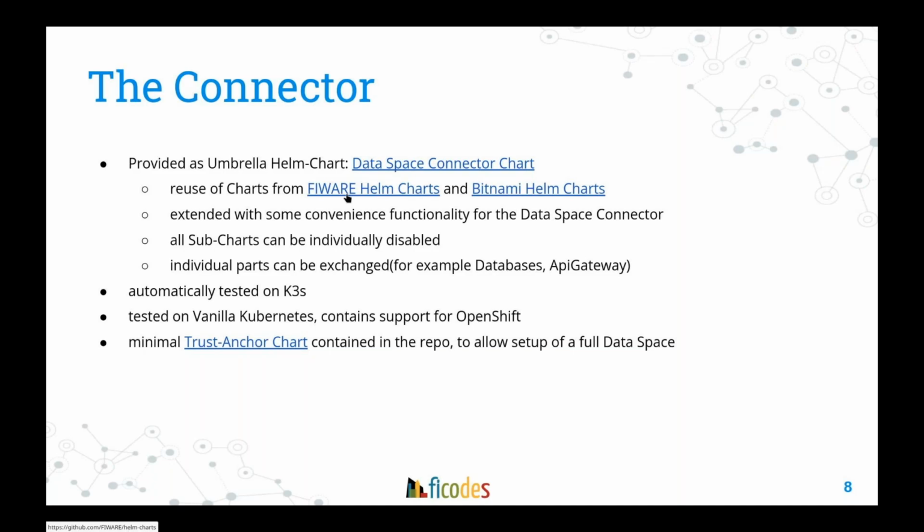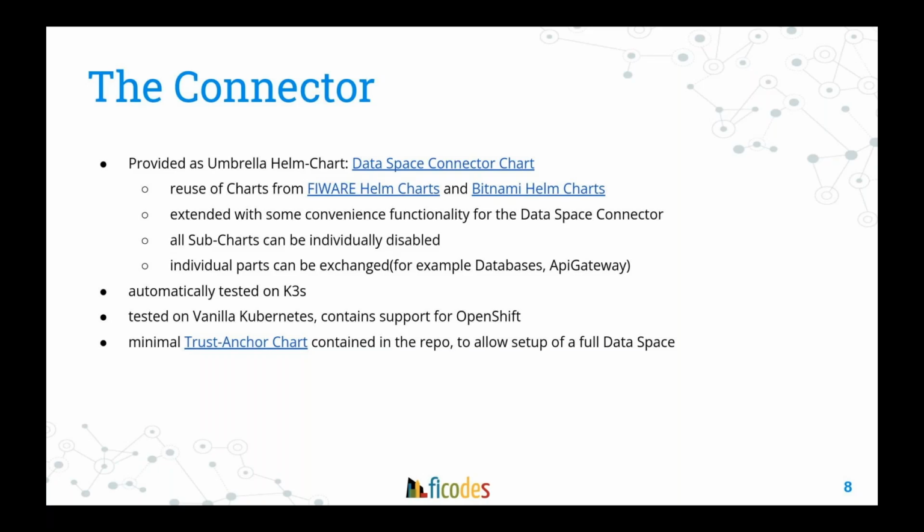And the Bitnami Helm charts are one of the biggest open source repositories for Helm charts available. It contains a huge number of charts for some of the widely used open source components that you can find in various microservice architectures, like, for example, Keycloak or various databases.